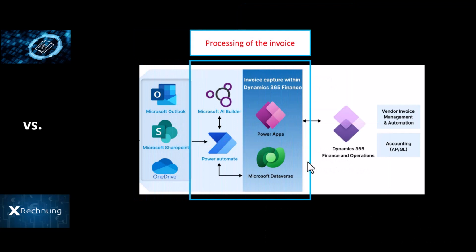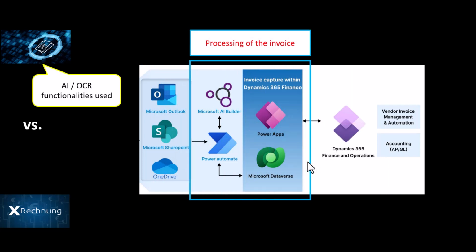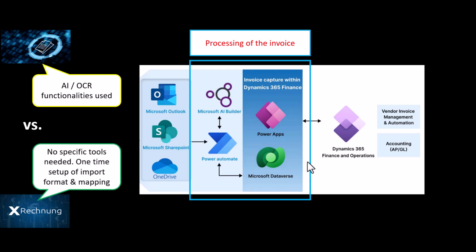The big difference comes when it comes to the processing of the invoice. Why? Because if we use artificial intelligence or OCR technologies, we need to use more advanced tools. While on the other hand, if I use the X-invoice feature, I don't need anything special. Why?